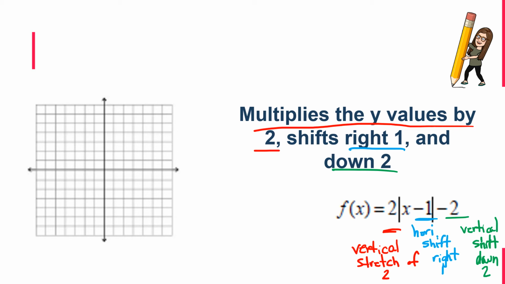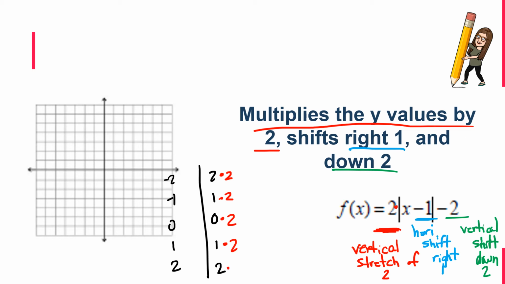Now, let's approach it from a parent table perspective. -2, -1, 0, 1, 2. My parent function says just take the absolute value of all that. Now, here's what's cool. You just read your function left to right, meaning the first number I see is a 2, and it's being multiplied. So we're going to multiply the y values by 2 because it's a vertical stretch. Vertical meaning y. Don't solve yet.